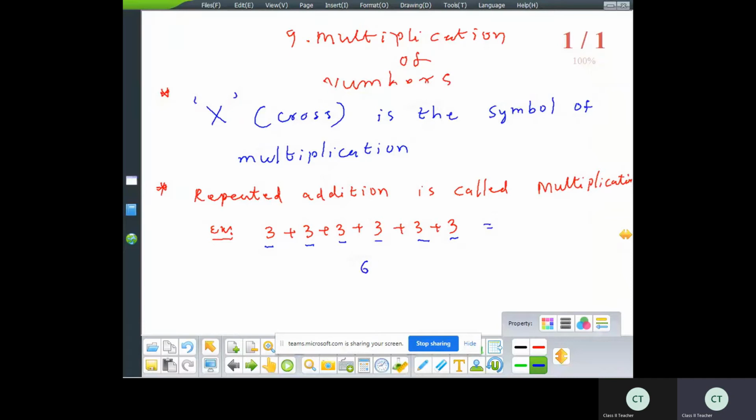You can write 6 times of 3. 6 3s are 18. 3 plus 3, 6, 6 plus 3, 9, 9 plus 3, 12, 12 plus 3, 15, 15 plus 3, 18. We can read as 6 times of 3 is 18. A short definition is repeated addition is called multiplication. Okay, I gave example also.